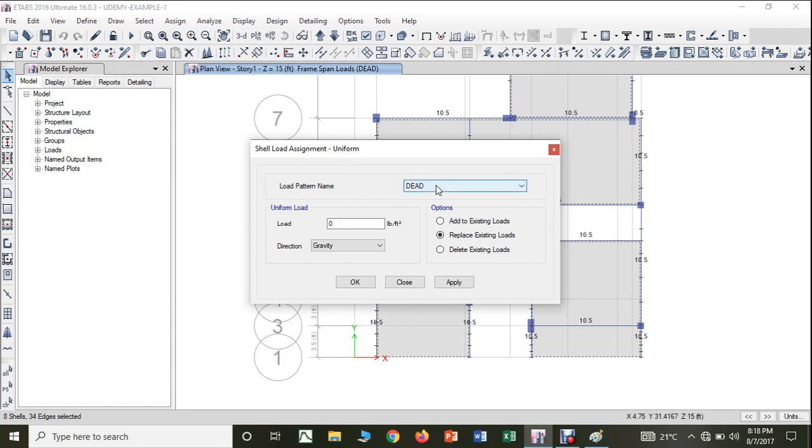So I will choose the dead load. What is my load value? Now I have to convert it from kilonewton per meter square to pounds per square feet. Just a minute students, let us see what the value will be.